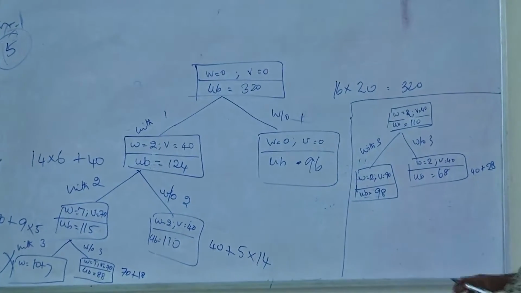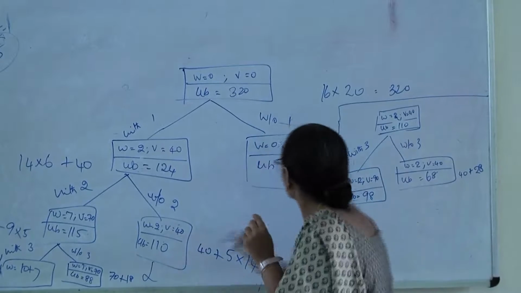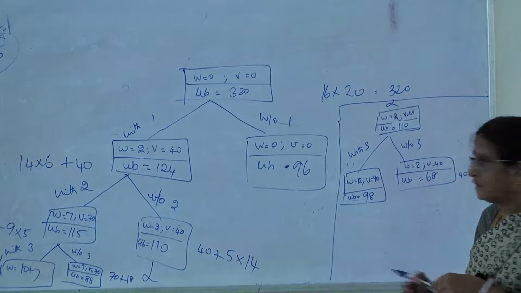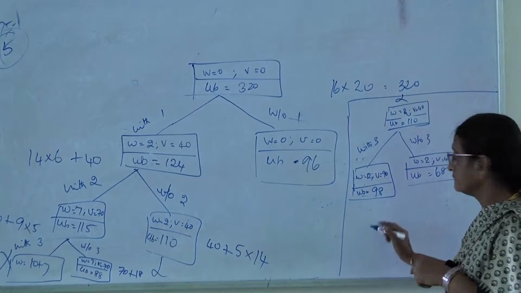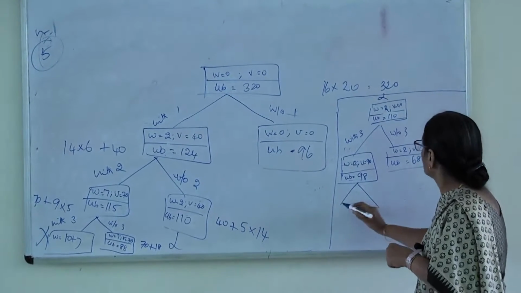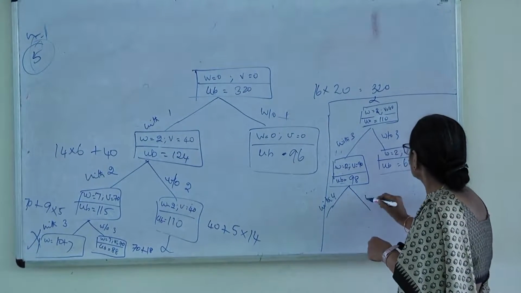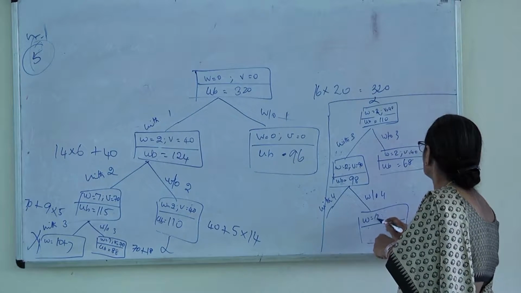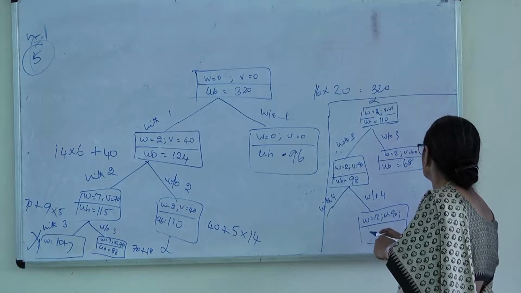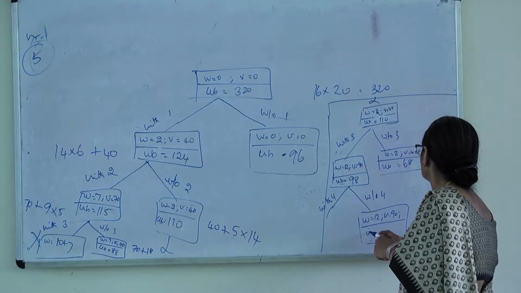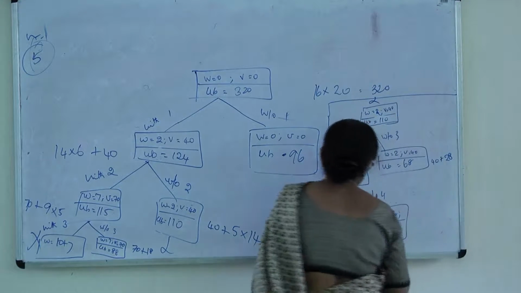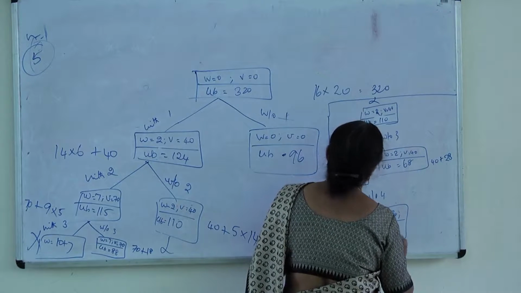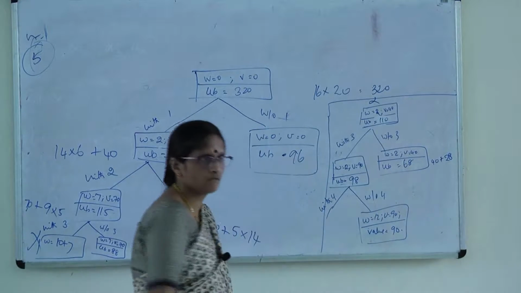So we have how many nodes now? So we have 196, 198, 168. So I will have to look at 98. I have considered all.